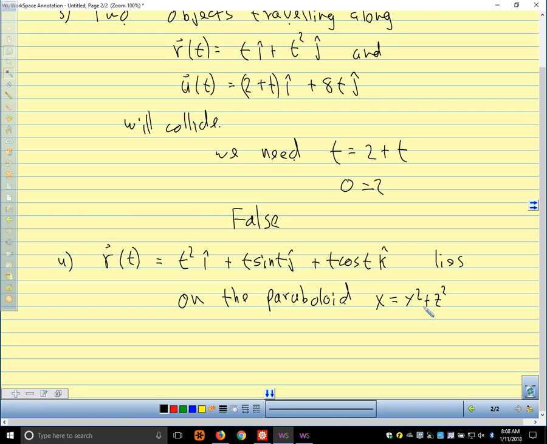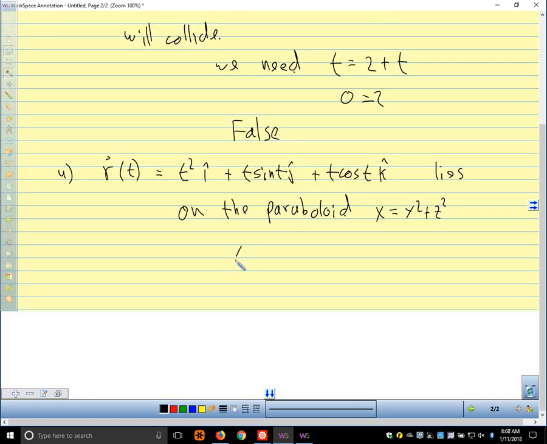So what do we need to do? Let's see if this is true. Sure. What's y squared? Y squared is t squared sine squared t.